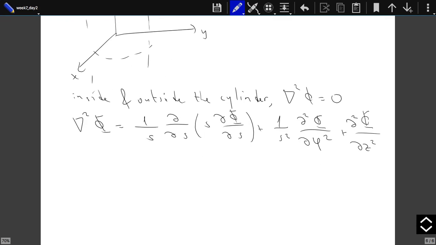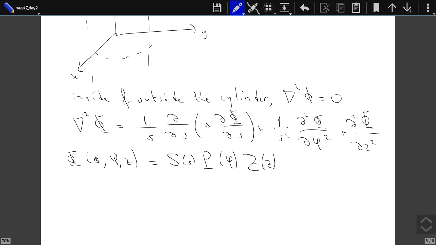Now, what do we want? In separation of variables, the potential will be a function of s, the coordinate phi, and z. We will assume that it is written in the form of a function of s only, a function of this phi coordinate only, and a function of z only.